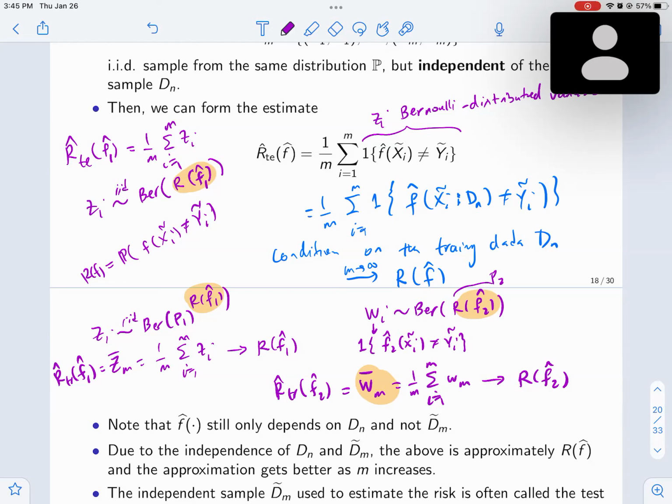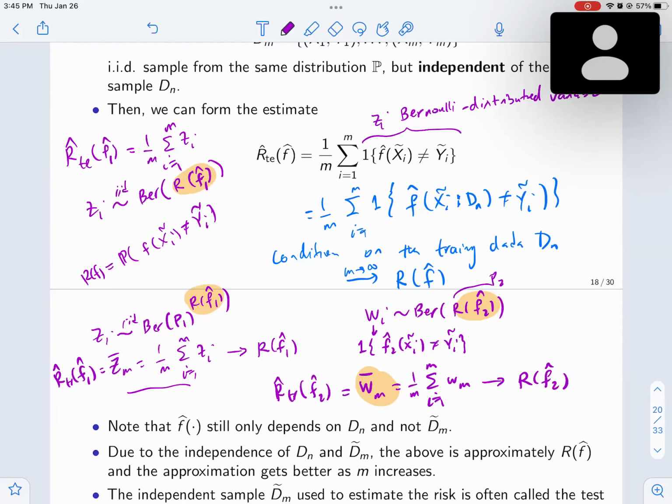So the task of computing the risk via the training error is just doing this averaging of a bunch of Bernoulli variables. If you look at the test error, how good of an estimate you have depends on the sample size and the variance of this, basically. And then you want to compare these two probabilities, whether this is equal to that or not, or whether P1 is bigger than P2 or not.